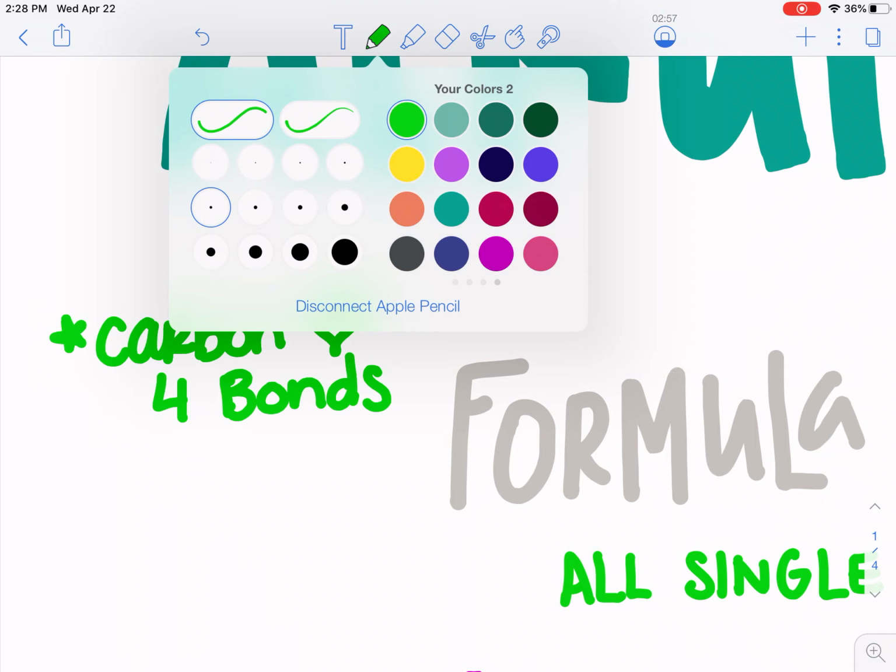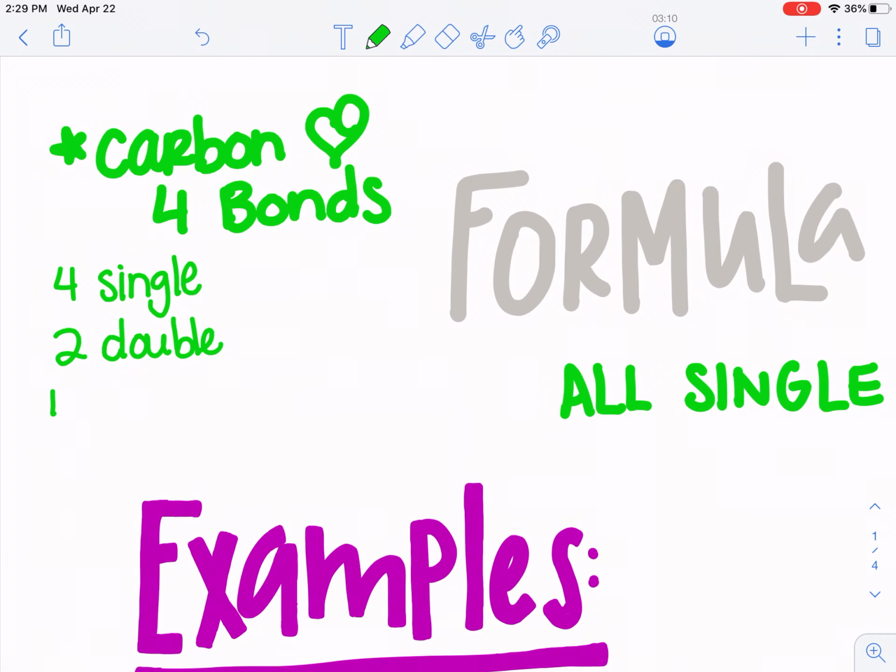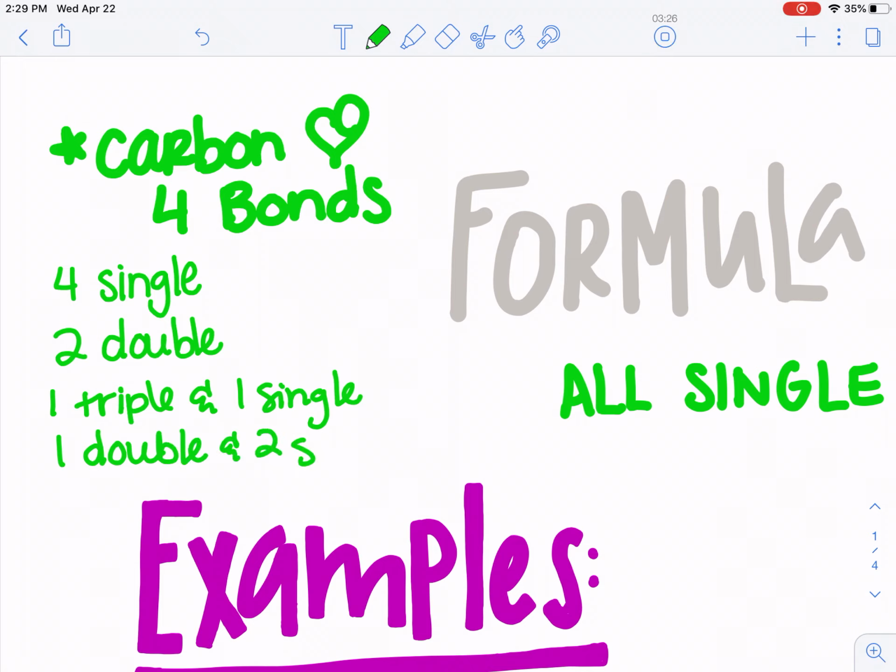And that can be in any form. So we can have 4 single bonds, 2 double bonds, 1 triple and 1 single, or 1 double bond and 2 single.